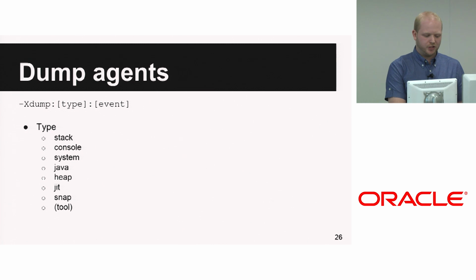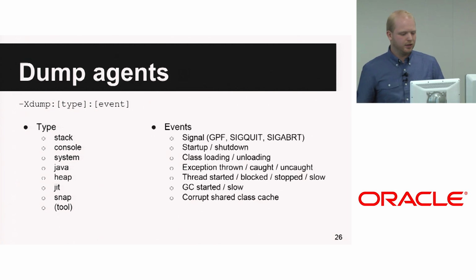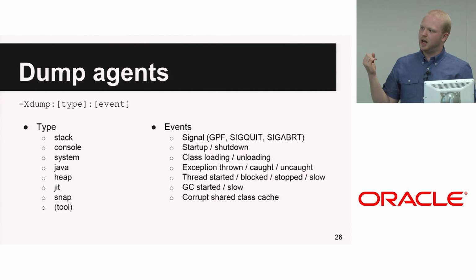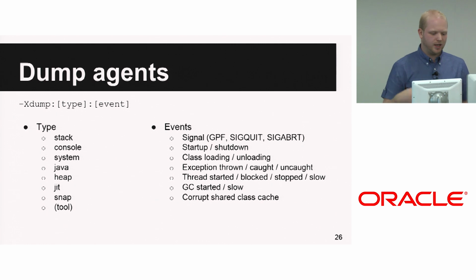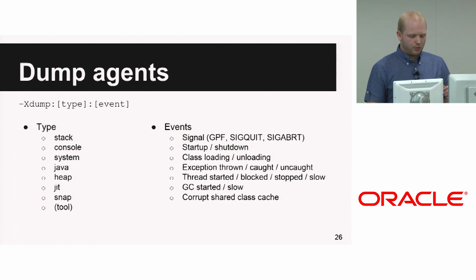So each dump agent is then triggered by a configurable event. We have a bunch of events. You can say, I want it at a seg fault, or when you start up or shut down. You can filter these.